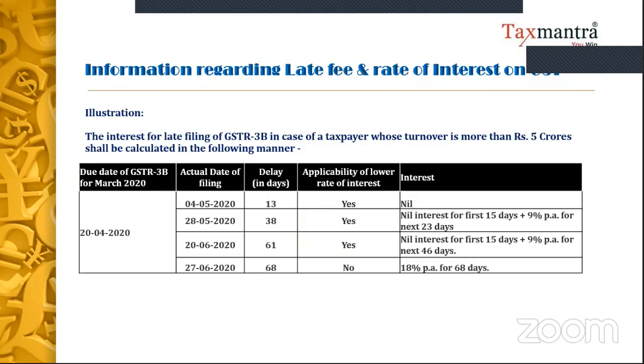Now case 4, if such a taxpayer files the GSTR-3B return on 27th of June, the total delay days comes to 68 days. The lower rate of interest will not be applicable for such taxpayers because they are not making payment within the due dates. So the full interest rate, 18%, will be applicable on 68 delay days. I hope it is clear to all of you.